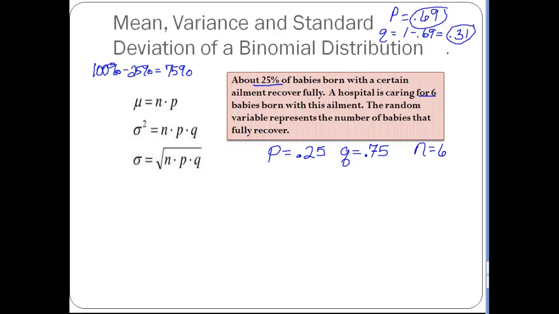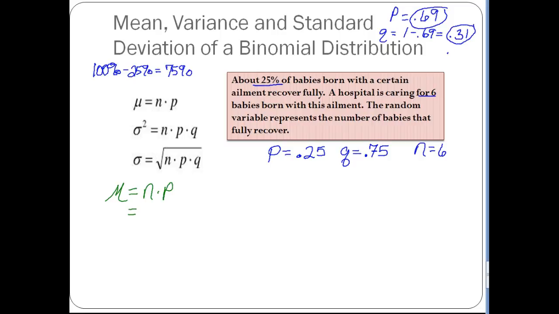So let's put all this together and see how easy we can find the mean, variance, and standard deviation now that we have each of the components needed to plug into the formula. So the mean of this situation is n times p. So we take our n and multiply it times p. Grab your calculator.